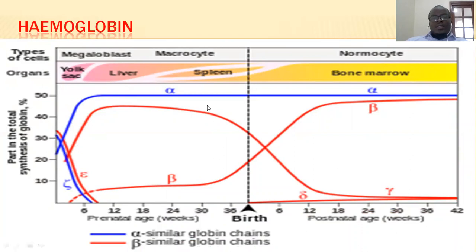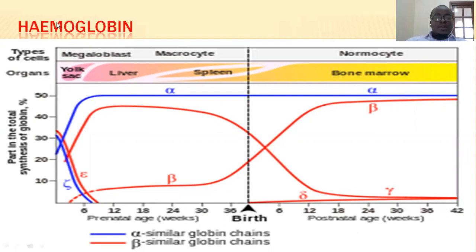There is another diagram to summarize that for you. This diagram is just trying to summarize what I've been discussing with you. I hope you are following. This diagram shows different types of hemoglobin that can be found in an individual depending on the age. During embryo development, much of the yolk sac is involved in production of blood cells, or is active with regard to hematopoiesis.